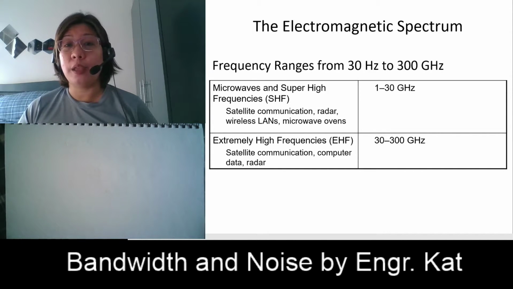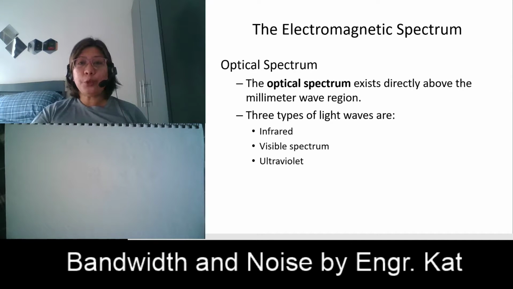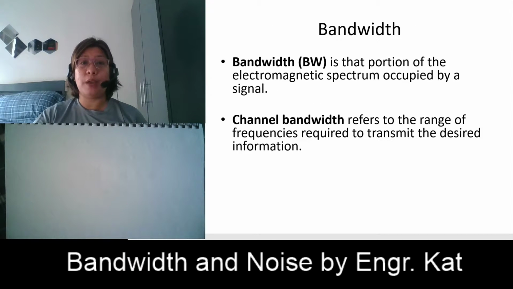Okay, and then you have those examples. So the optical spectrum exists directly above the millimeter wave region. Millimeter means your wavelength is in terms of millimeters already. So there are 3 types of light waves. You have the infrared, the visible spectrum, and the ultraviolet.